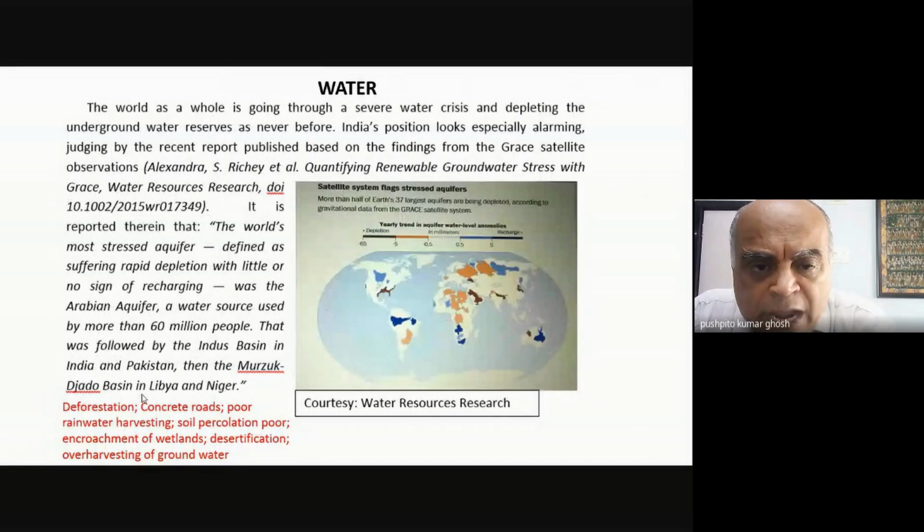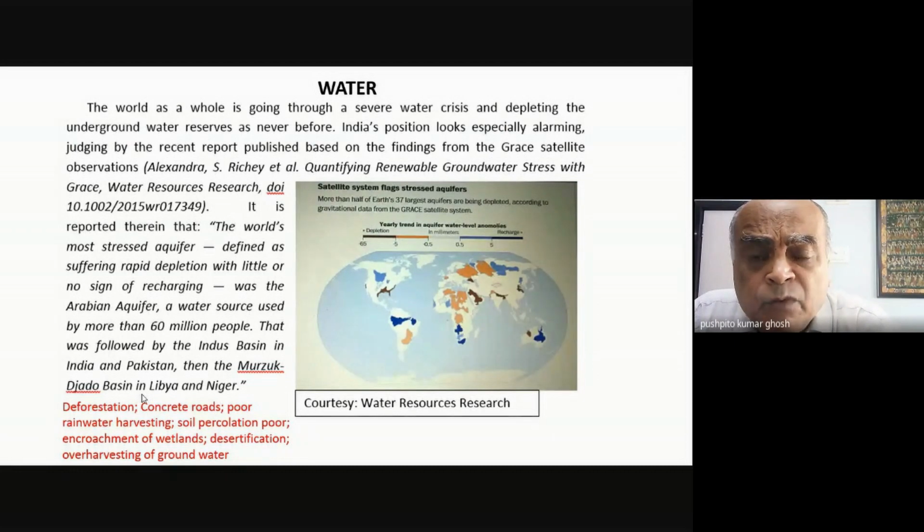Now let us look at quickly one by one. Look at this study which was done by one of the NASA satellites. It used to be called the GRACE satellite. I think it was around, can't remember when, maybe around 2010 or 14 that they did this work.